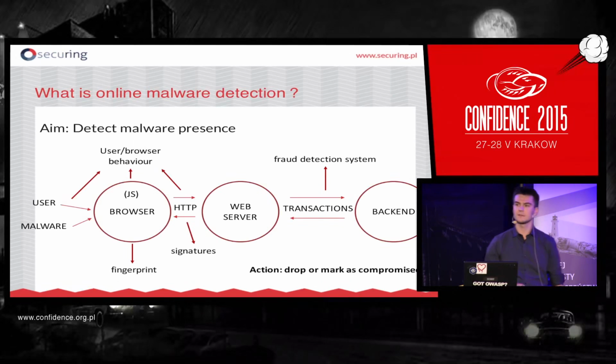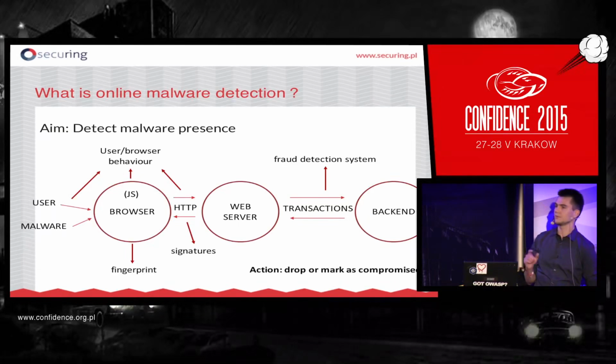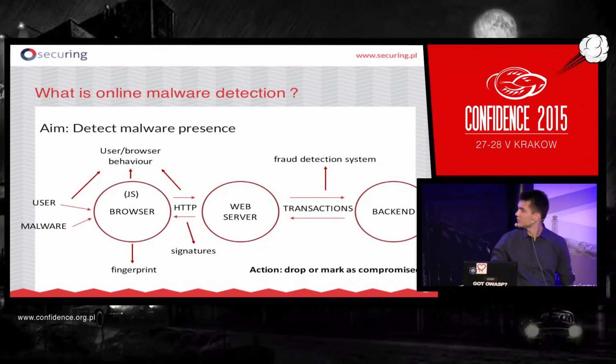So how does JavaScript-based malware detection work? The aim is to detect malware presence, and it can work on different layers. Here is a simple diagram of the data flow when a user opens the banking website.